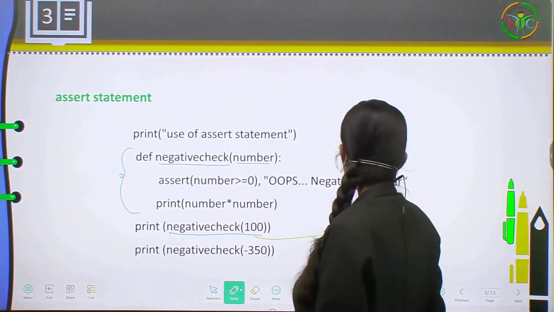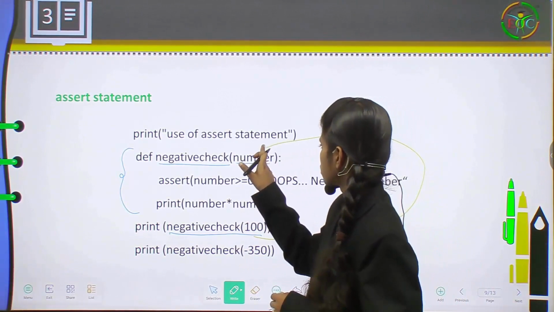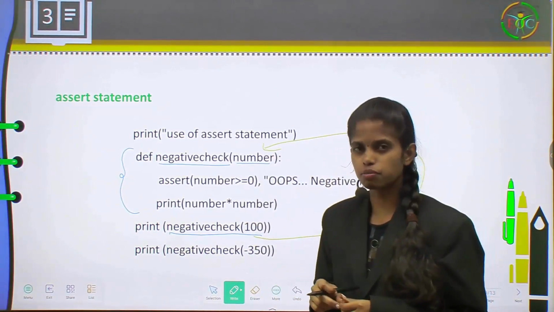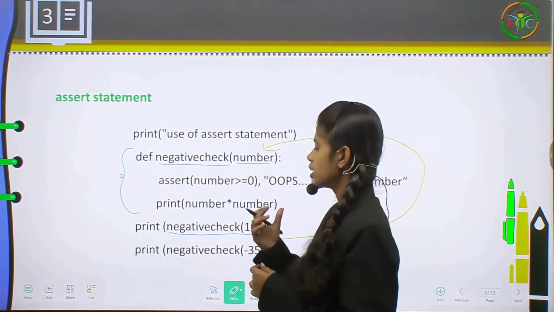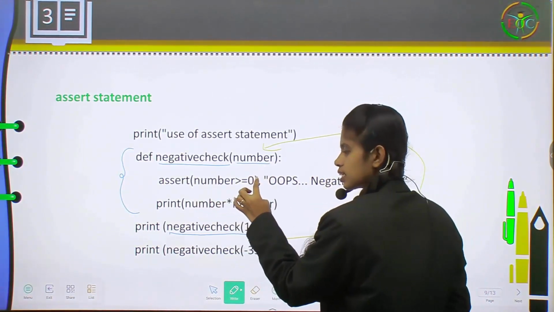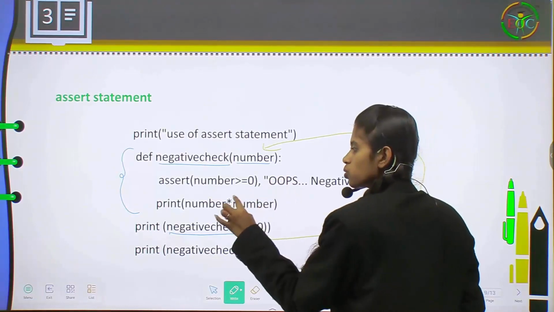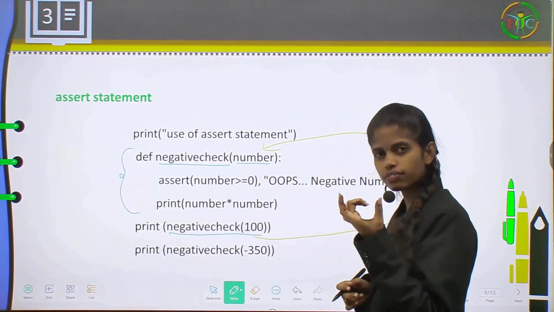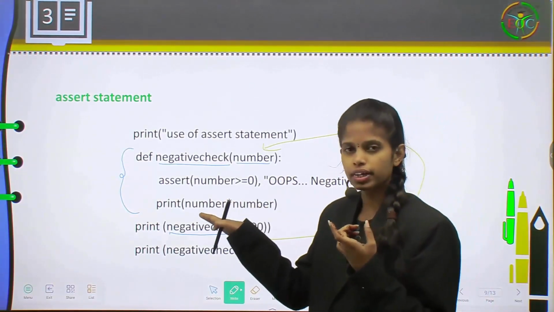Control will be given to this method, and 100 will be copied to number. 100 is greater than 0, yes. So 100 into 100, whatever value you get, that will be printed.